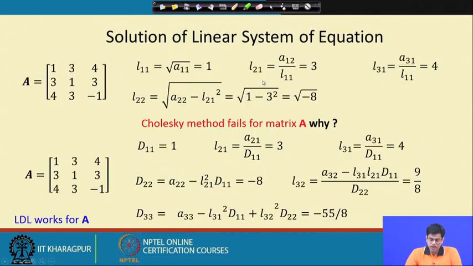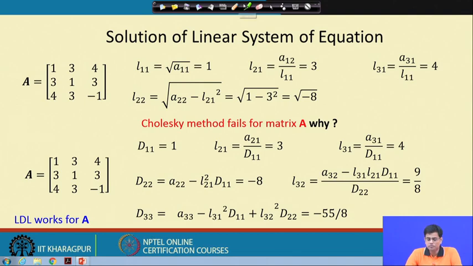Let us take a matrix which is a 3 cross 3 matrix. We will factor it with the Cholesky decomposition and LDL. Now, the first term, as we have seen in the last slides, L11 is root over A11, which is okay because A11 is positive, so we can take the square root.